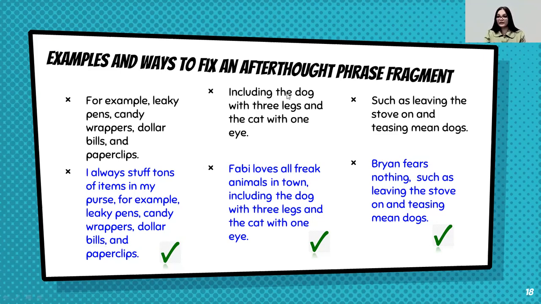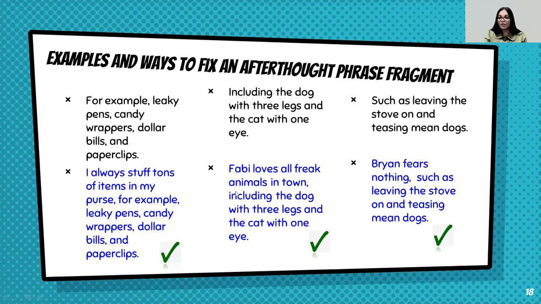Then in the second example, Savvy loves all freak animals in town. She's an animal lover, including the dog with the 3 legs and the cat with 1 eye. Before using the word including, Savvy loves all freak animals in town, we have an independent clause.